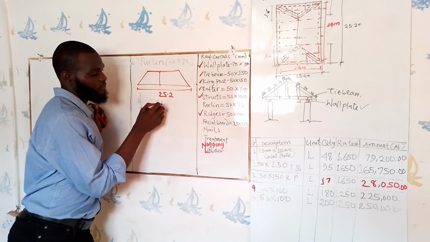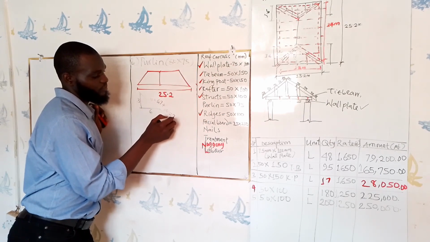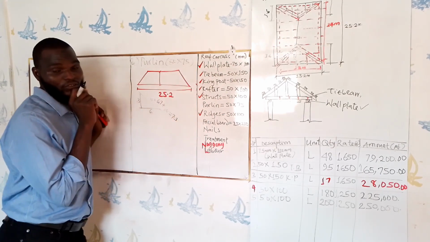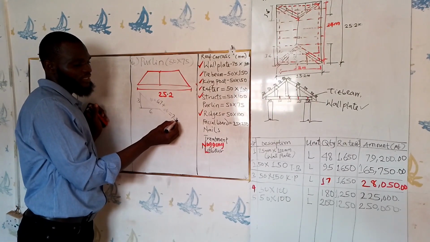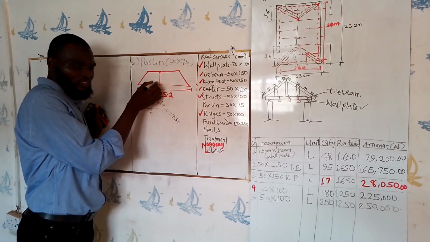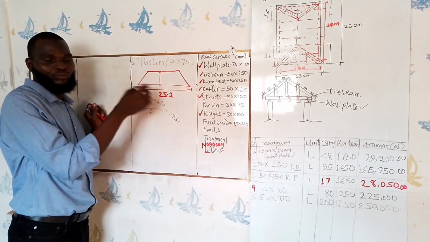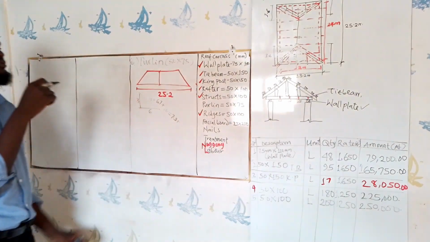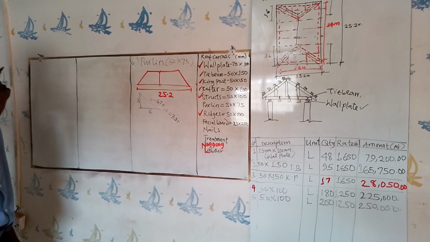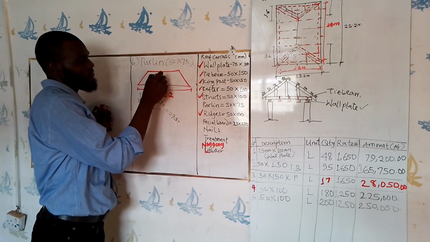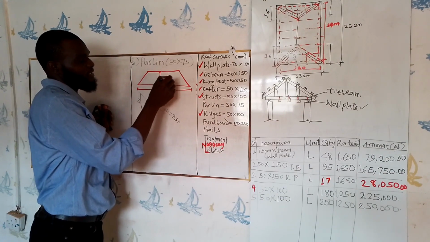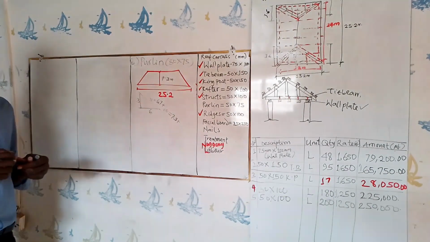Plus 0.6, 7.3. Now we need to add the projection, the sheet projection. We want to calculate the purlin. So this is 7.3 meters.